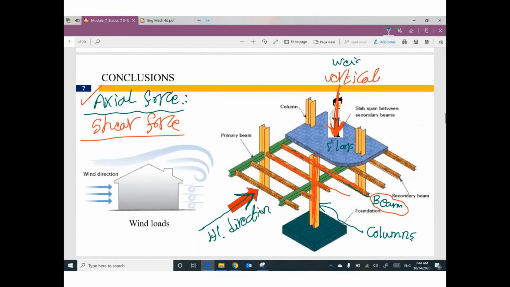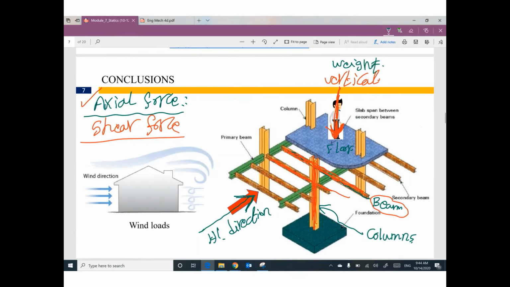But how can I expect a horizontal force coming from wind or from earthquake? Wind load is a horizontal force. So if you have a horizontal force, this horizontal force will make shear on columns and will make axial force on these beams.